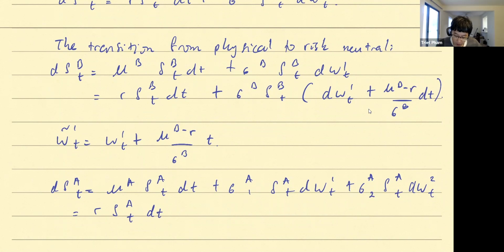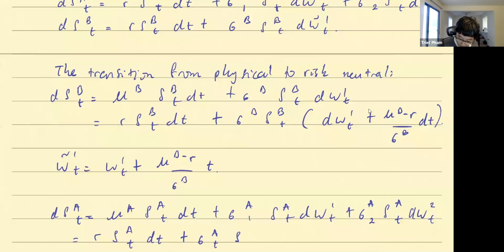So here, you also know that this must be the first Brownian motion. So let's just do that. It's a first Brownian motion, so it's going to be W tilde 1.